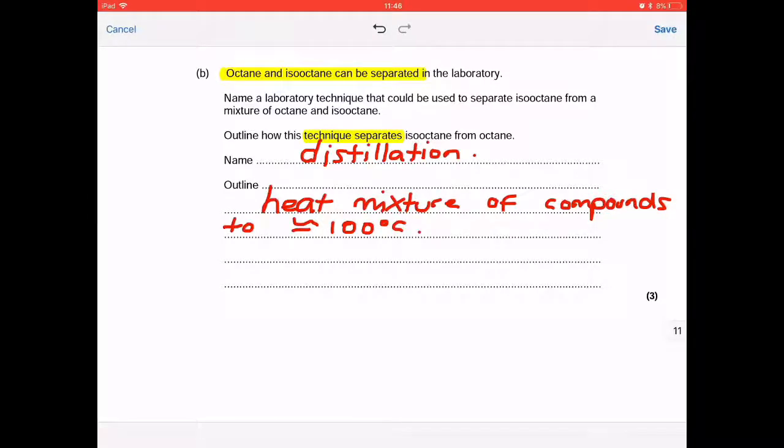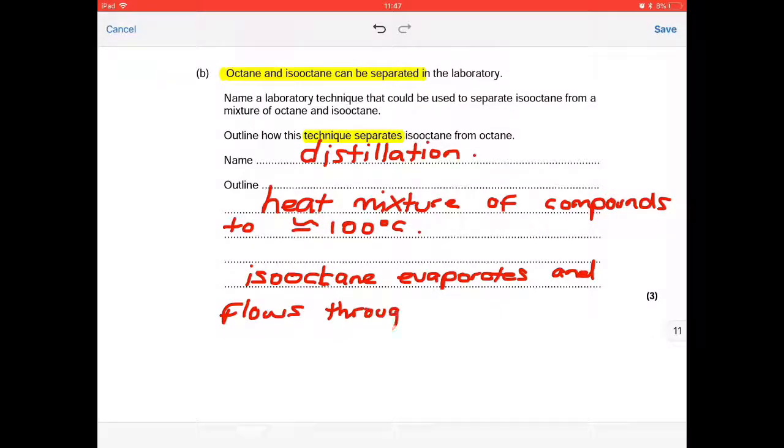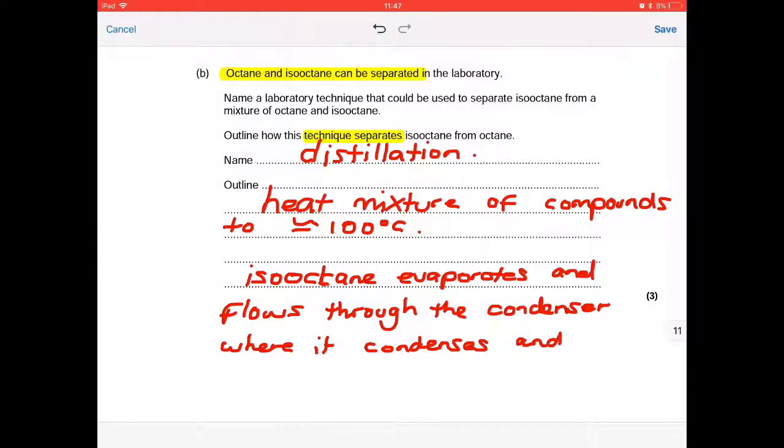Because isooctane has the lower boiling point, isooctane evaporates and flows through the condenser, where it turns back into a liquid, or condenses, and is collected.